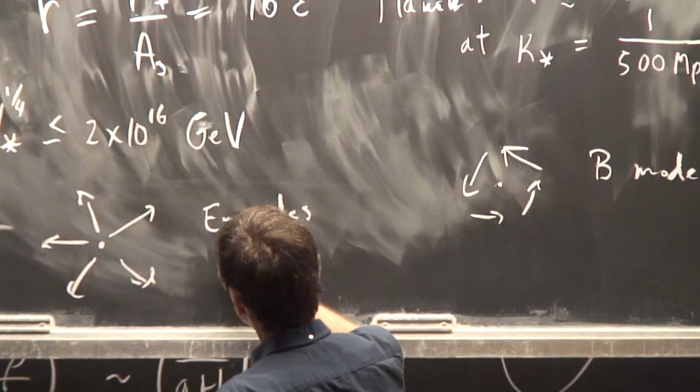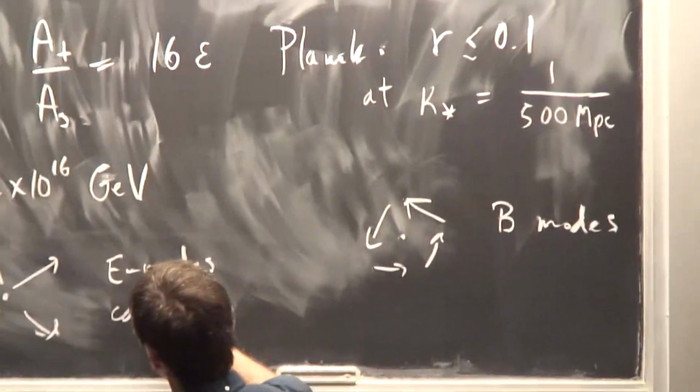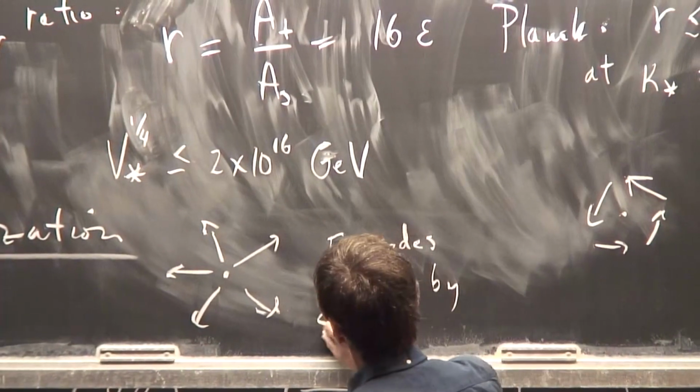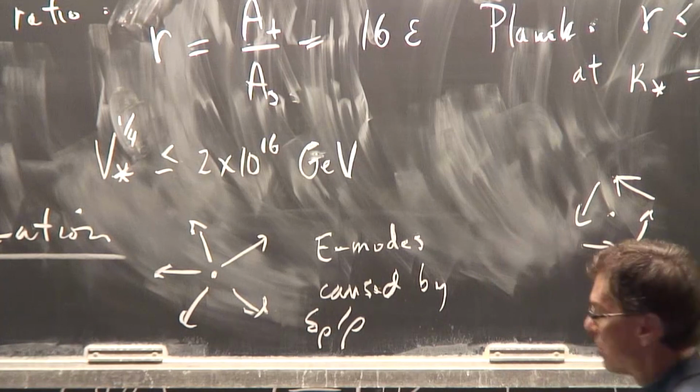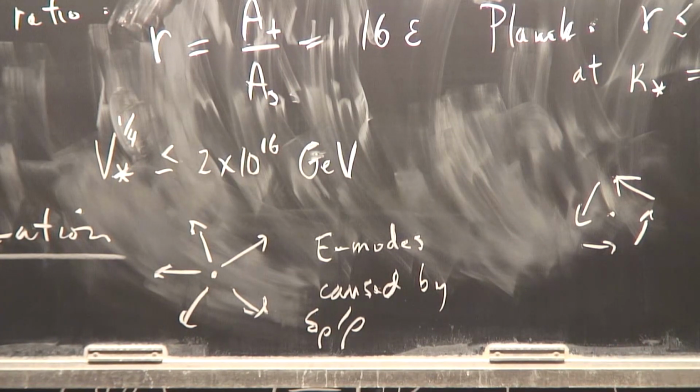And one can understand that the E modes are caused by the fluctuations in the density itself. So these are due to the scalar perturbations, whereas the B modes are caused by foreground emissions like dust, so that makes it difficult.